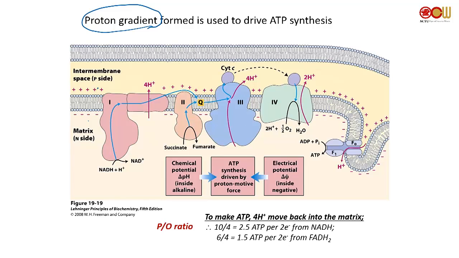You have a lot of protons in the intermembrane space, not so many in the matrix. Now you have a chemical potential. And so this summarizes complex 1 pumps 4, complex 3 pumps 4, complex 4 pumps 2, per 2 electrons.